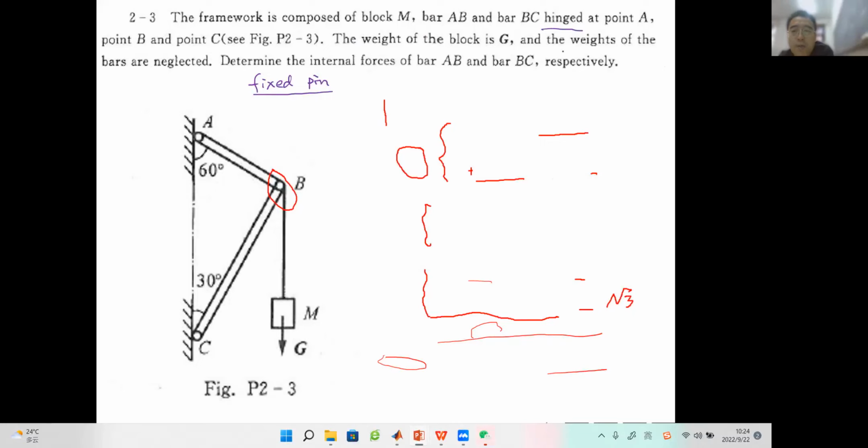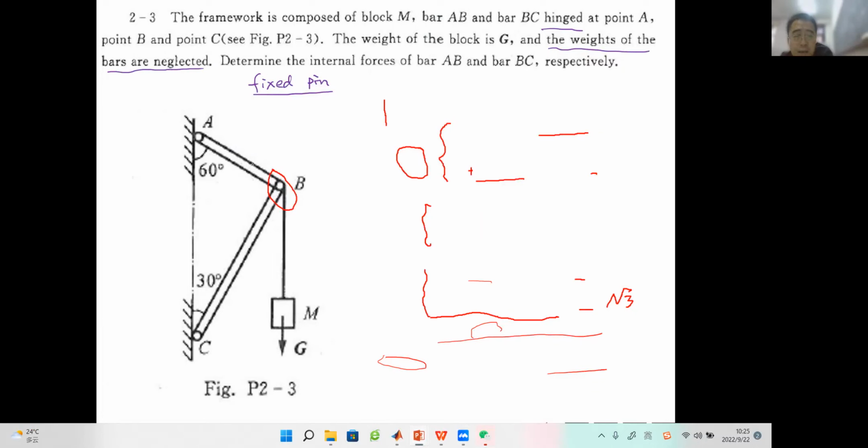So whenever you guys encounter this condition, it almost tells us you should first consider whether AB and BC may be double force rods. Do you guys remember?